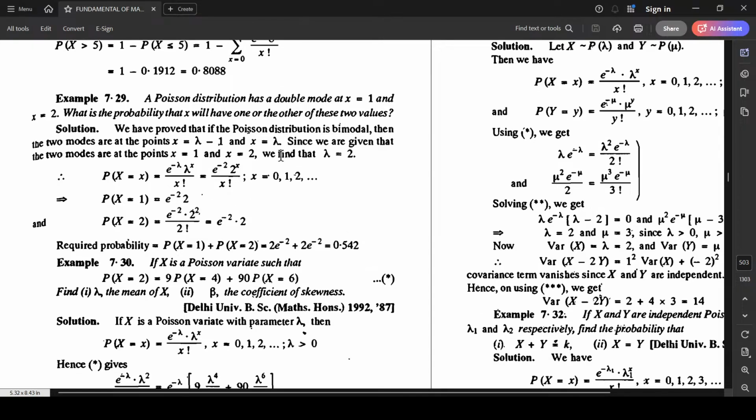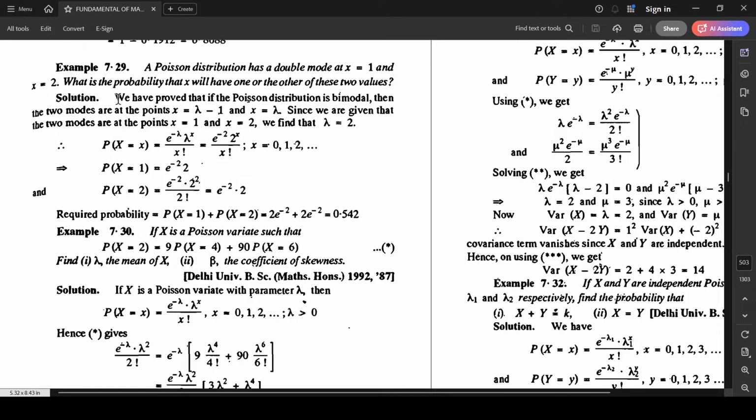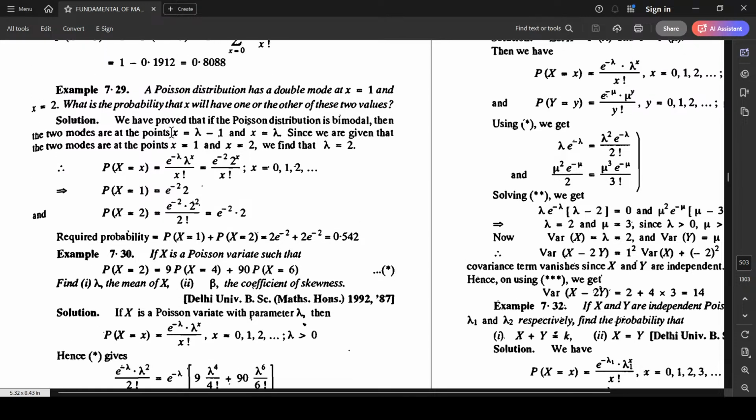As we have proved in the binomial case, the two modes will add up to lambda. So lambda is equal to 2.